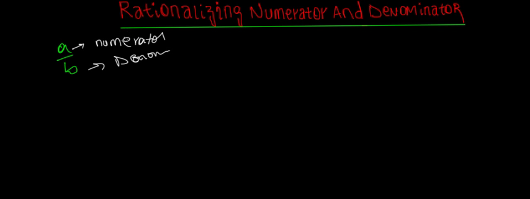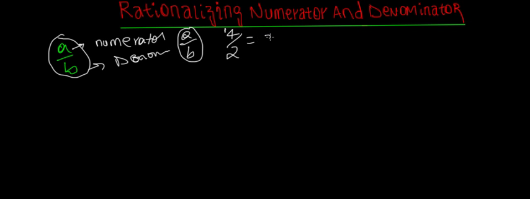Sometimes it is not easy mathematically to find a definite answer, as in a perfect rational number. For instance, 4 over 2, you would end up with 2, or even 5 over 2, you would have a definite answer.